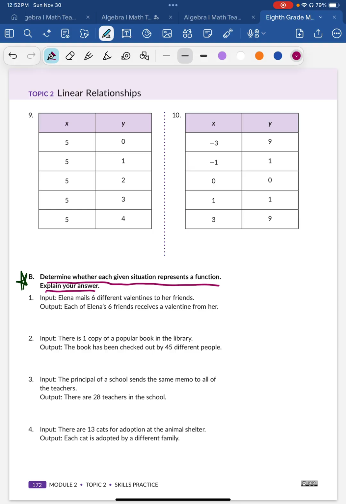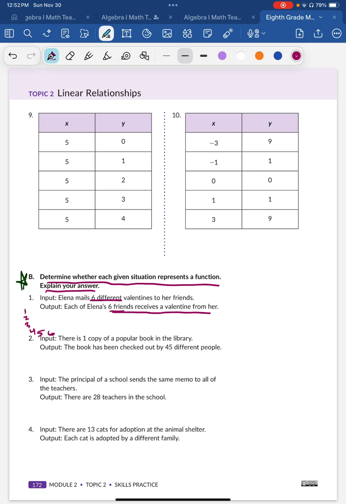Elena mails 6 different Valentines to her friends. Each of Elena's 6 friends receives a Valentine from her. So she does 6 different Valentines. So we could say Valentine 1, 2, 3, 4, 5, and 6.